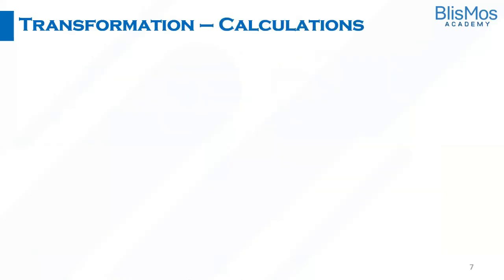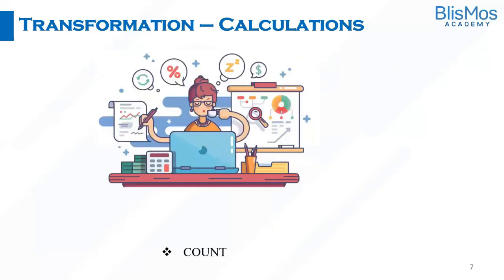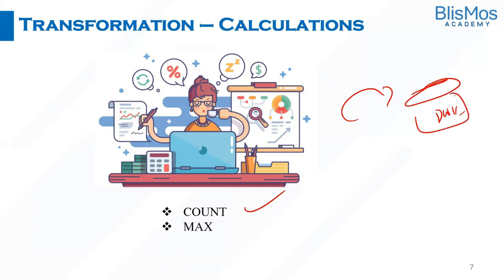Calculations. Can you imagine any analysis happening without a calculation? We need to have calculations. So while trying to move the data from a staging area to the data warehouse, we subject the data to transformation. Transformations include calculations. Like you may want to count the data from different sources and put the count in the data warehouse, or you may want to get only the maximum of particular data and move that to the data warehouse, and you may have to take the average and move that to the data warehouse.